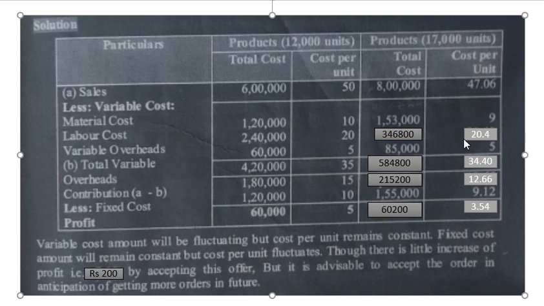The management can decide whether to accept the offers or not by looking into the data or cost sheets, and by considering future orders as well. Future orders may be more helpful, because the initial order has given an increase of rupees 200, and there might be chances of getting more profit in the future orders. So it is advisable to accept the order in anticipation of getting more orders in future. Thank you everyone. The other problems will be discussed in upcoming videos.